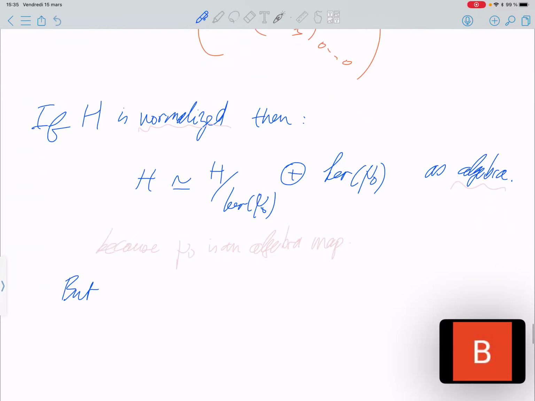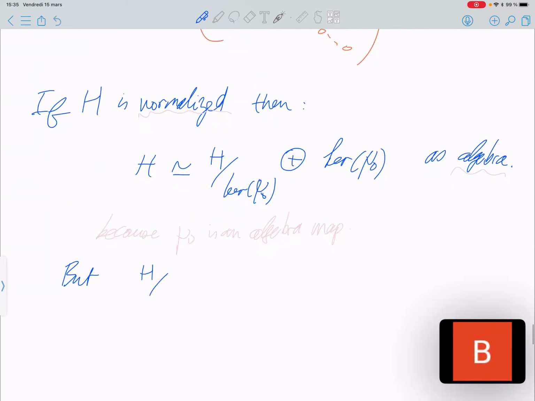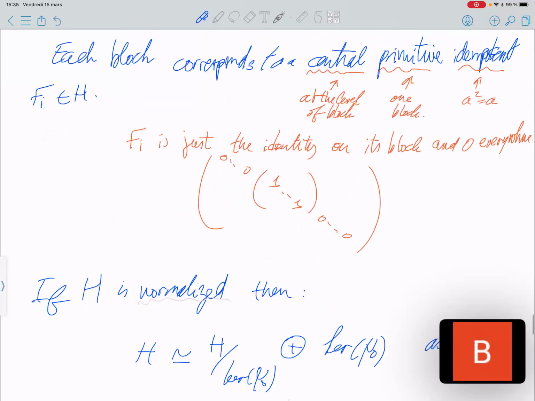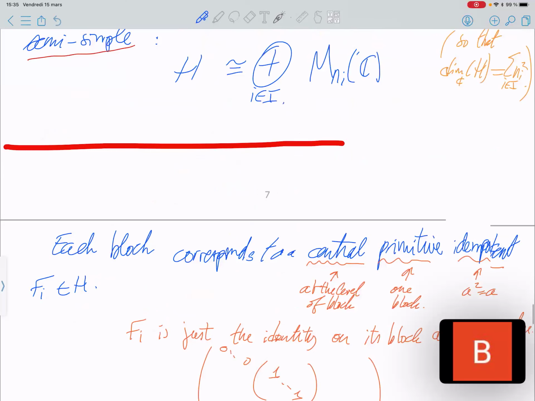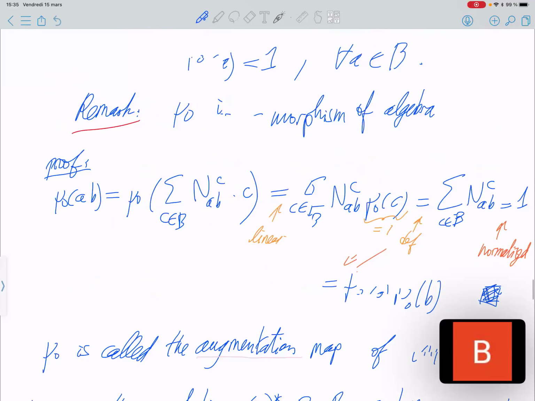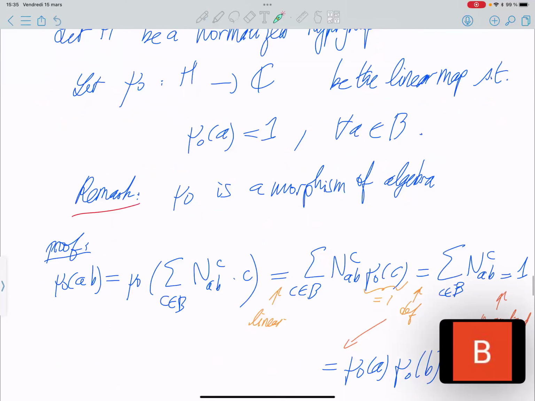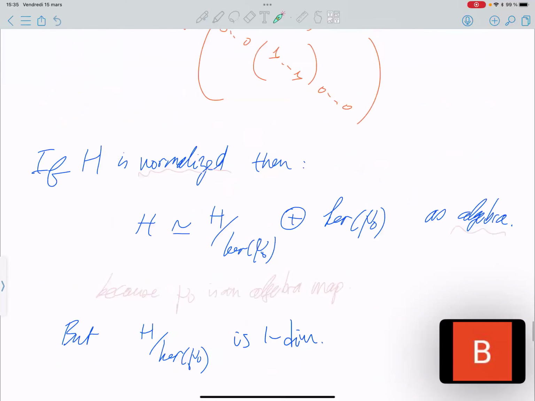So where is H? This is one-dimensional, trivially, because mu0 maps to C. So the kernel, the quotient is one-dimensional, so it must be a block.